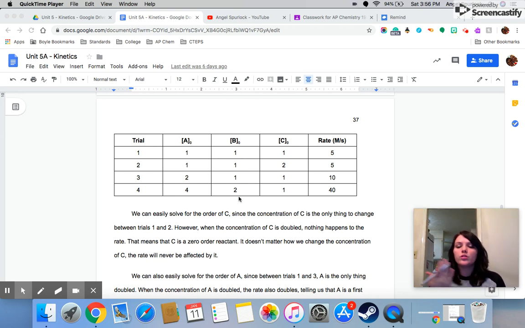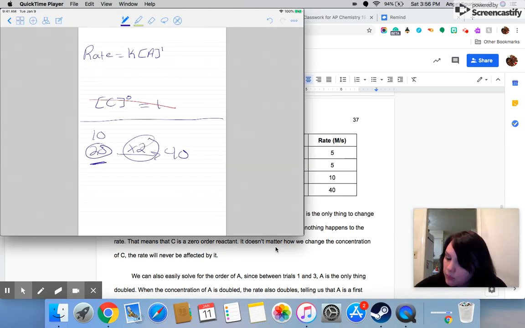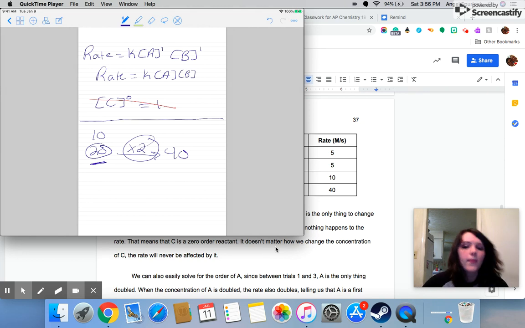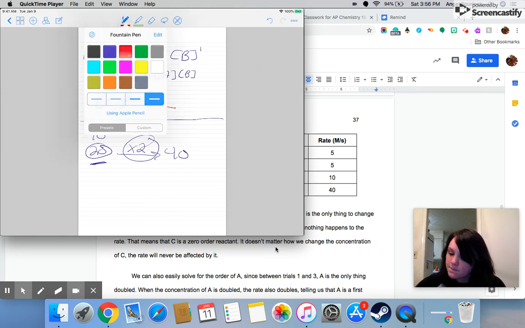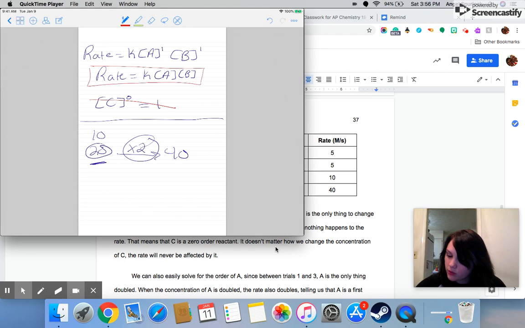So which order tells us that when we double our concentration, we will see a double in rate as well? That's first order. So both A and B are first order. You can write it like that, or you could write it without the ones, because most often this is how you're going to see it. Here would be the rate law for this problem.